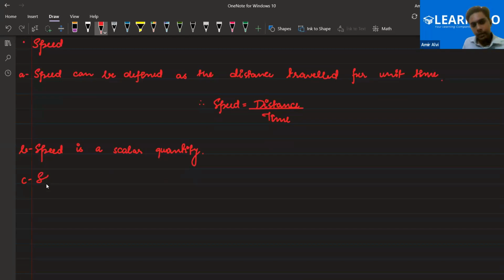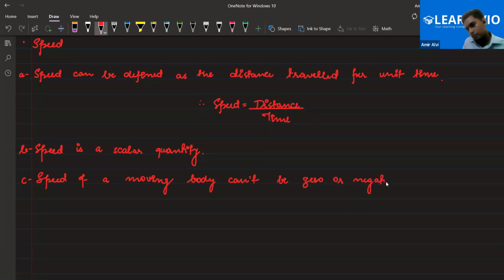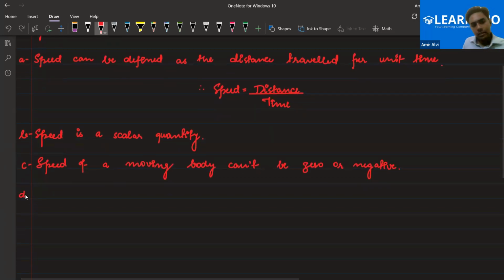C part: speed cannot be 0 or negative. Okay. D part: speed is measured by an instrument called a speedometer that is installed in the vehicles.